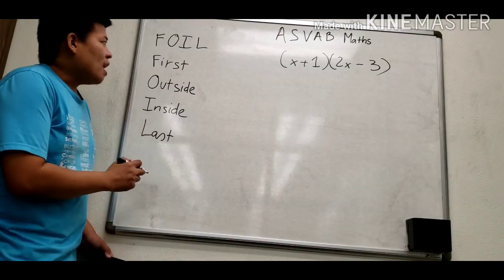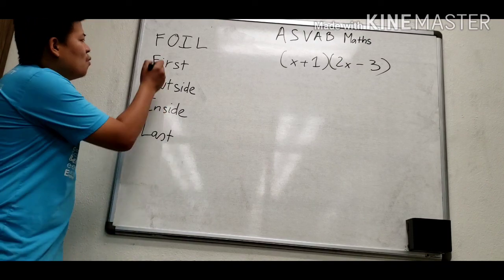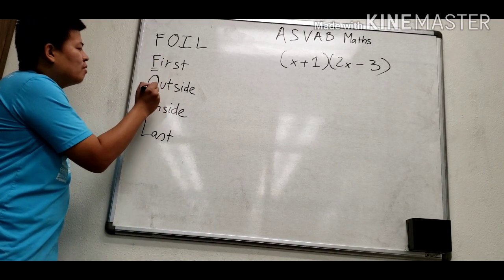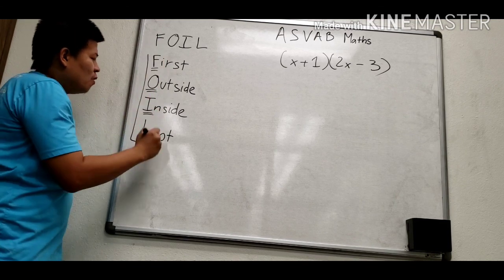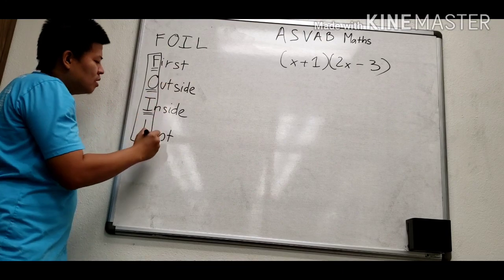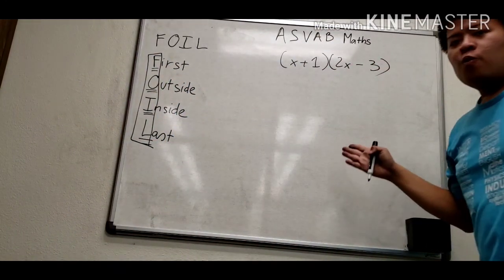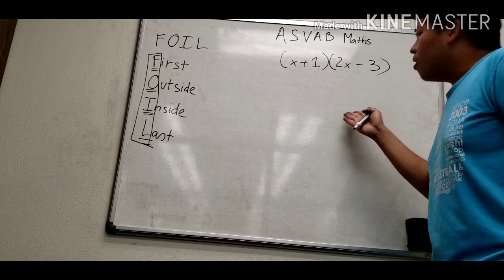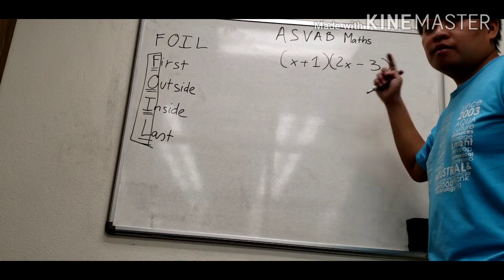We'll introduce FOIL. What is that? We have first, outside, inside, and last. That's why we have the FOIL. FOIL in here they will use for the product, the multiplication of 2 factors in here.